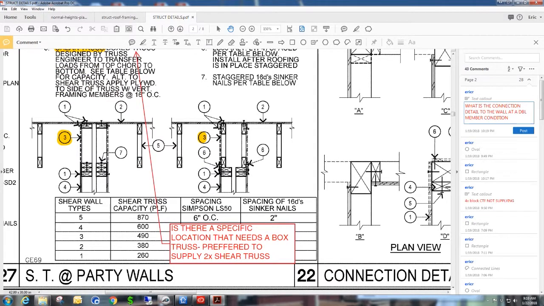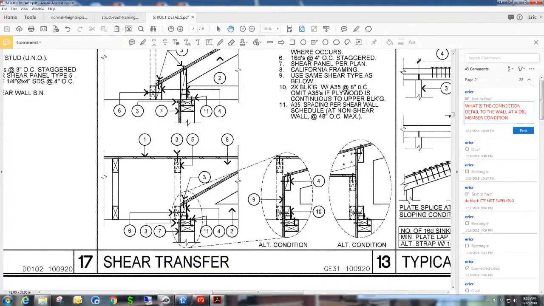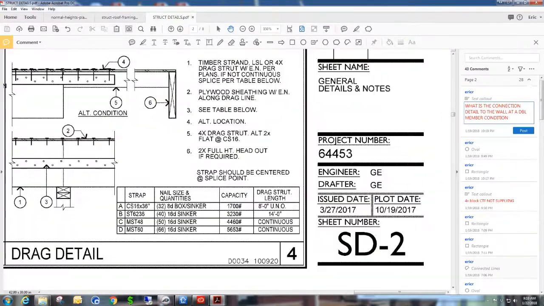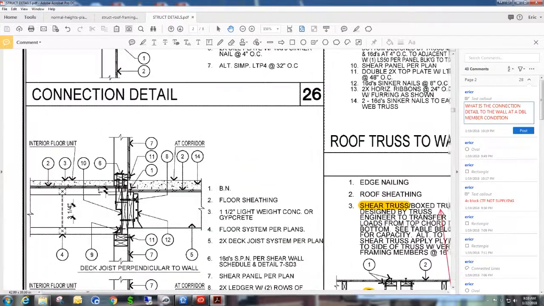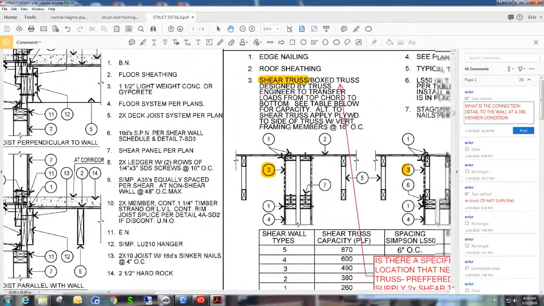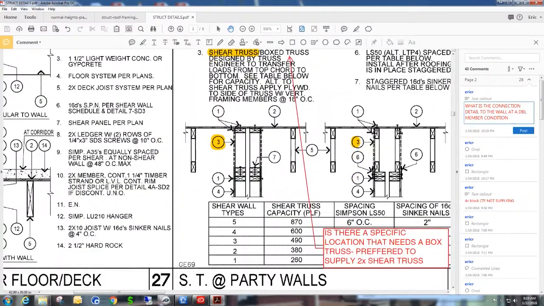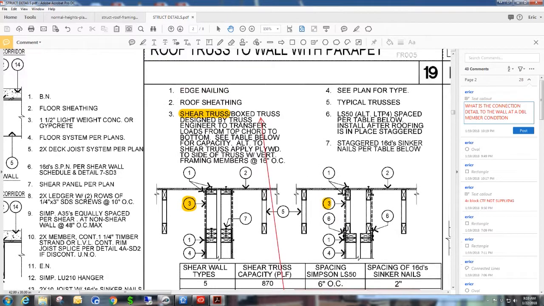Alright, let's go through these details. Detail 22 on SD2 is calling out two options, a box truss or a shear truss.